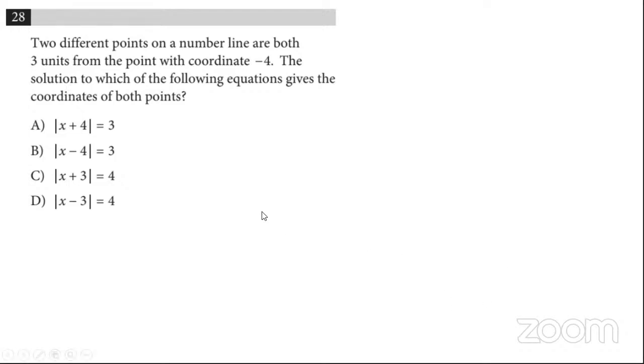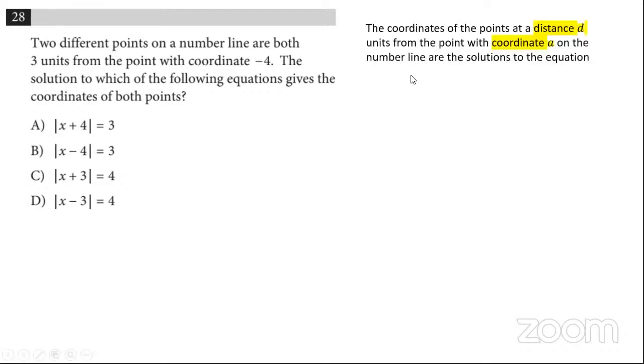So let's see a general case. The coordinates of a point at a distance d units from the point with the coordinate a on the number line are basically the solutions to the equation modulus of x minus a equal to d.